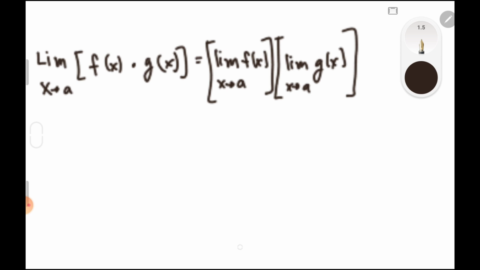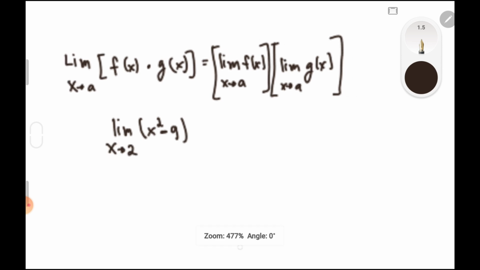One example of this one is we would want to solve for, let's say, the limit of x squared minus 9 as x approaches 2. Okay, so we would want to factor this function into my f of x and my g of x.